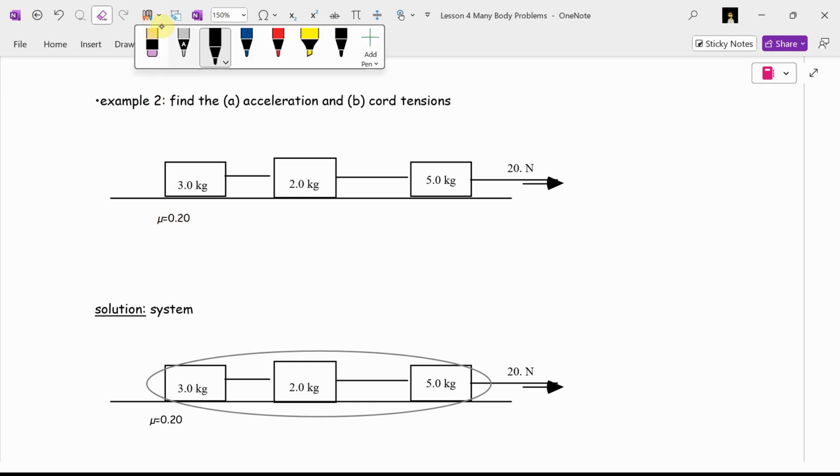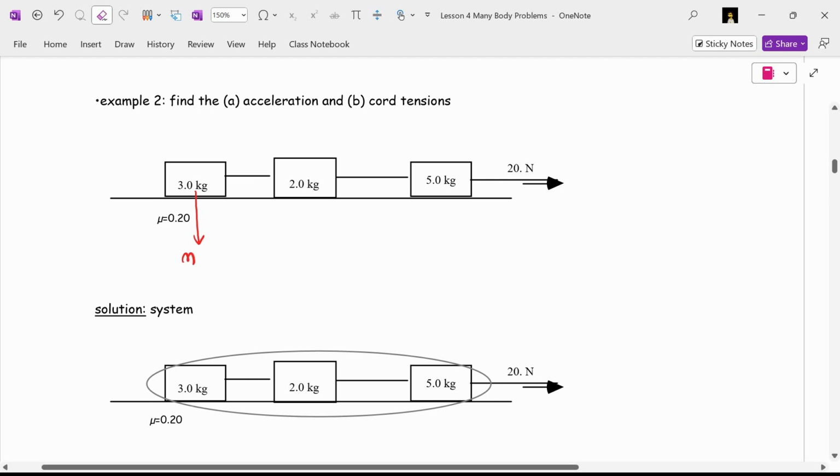Cairo, what are the forces on the 3 kilogram mass? Get the obvious one. Let's go systematic. I'll call that M1G. I'll call the second mass M2 and the third mass M3. Is M1 sinking into the ground like quicksand? No, we're going to have a normal force the same size as M1G. I'm going to call that normal force number 1 to go with mass number 1.